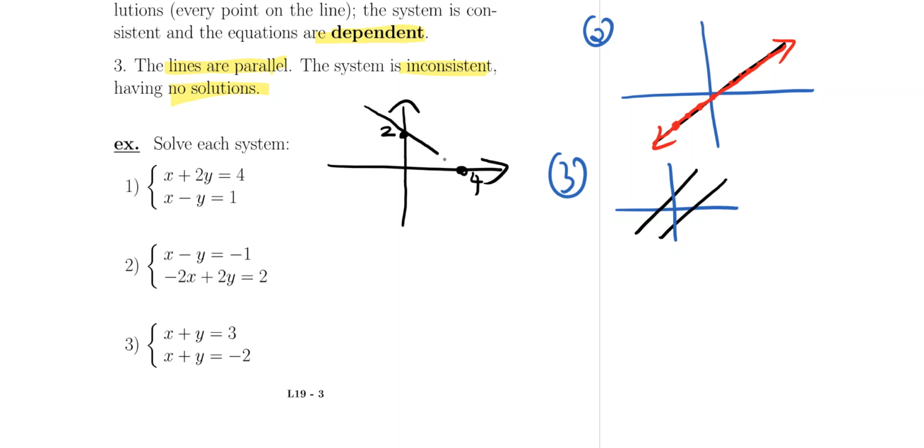So then the first line is this one. This is the first line. And then you graph the second line. When x is 0, y is -1. And then when y is 0, x is 1. So this will be the second line.